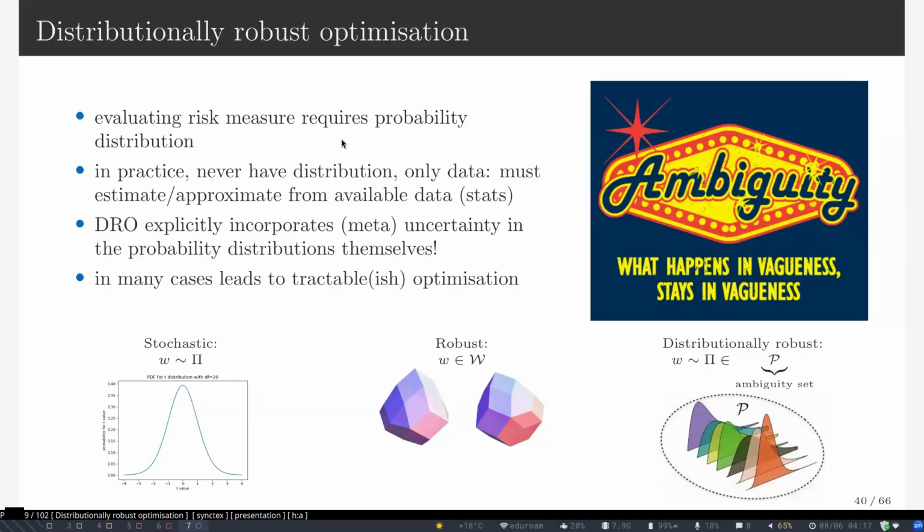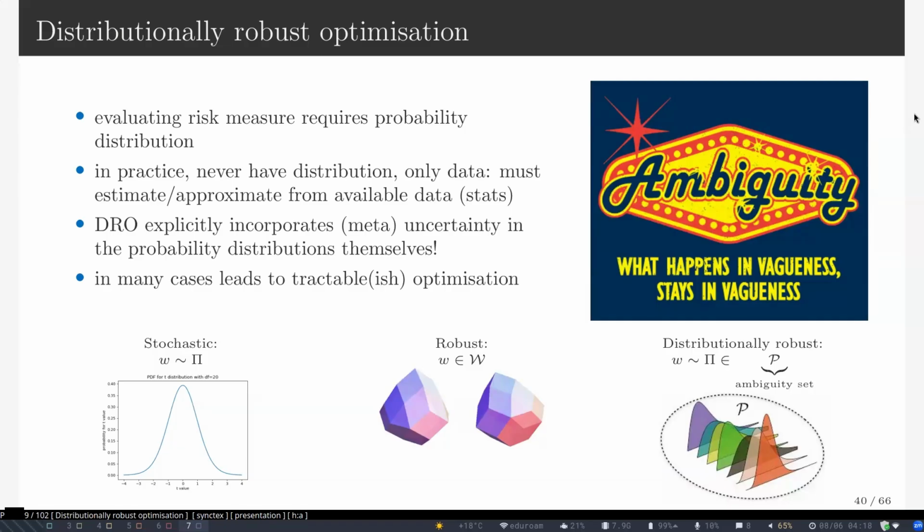So to evaluate it, we need probability distributions. But in practice, we never have the real distribution. We only have observations. We have data.